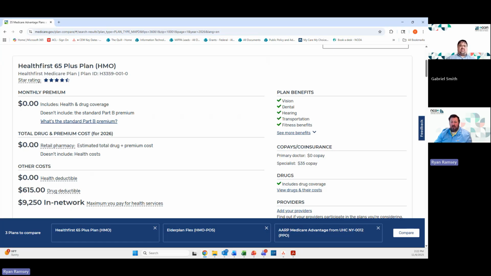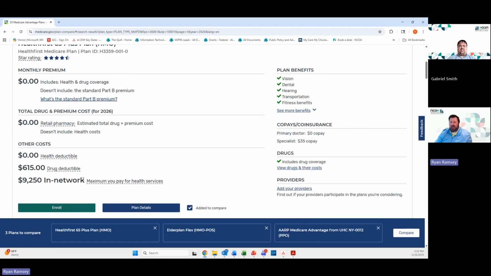You'll see that the most expensive one was 3,900 and some odd dollars. This one says zero. Other cost, a health deductible, does not have one. Drug deductible is $615. What's the maximum in-network out-of-pocket cost you would have under this plan?